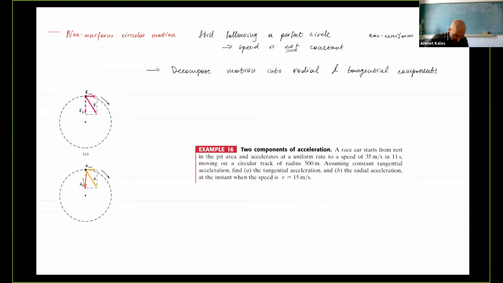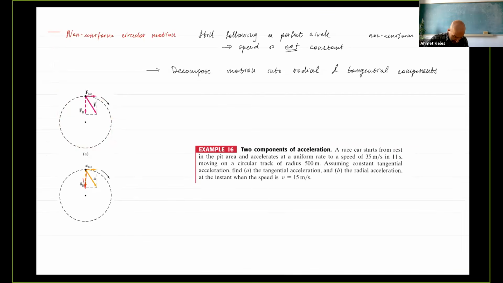Then there must be a force towards the center, which keeps you along this circle, but there must also be a force tangential to the circle. Otherwise, the acceleration vector here and here would be exactly the same. If there's an increase in that direction, there must be a force in that direction. And another direction here, okay? We study each component separately.